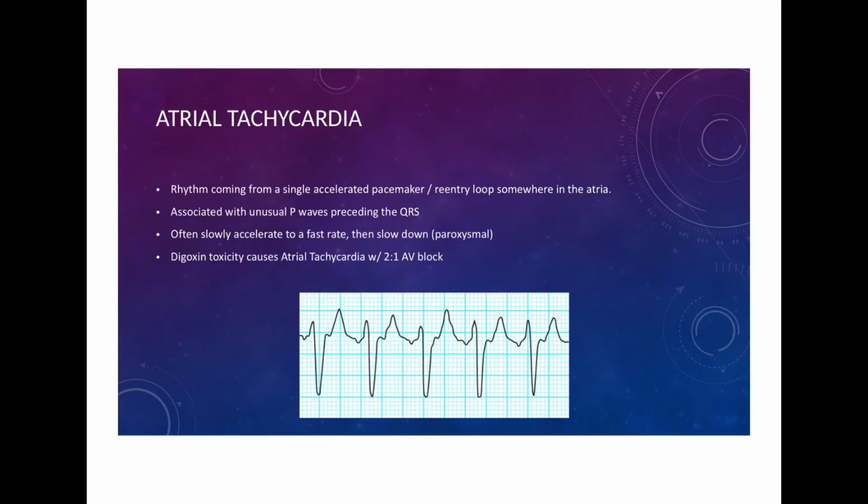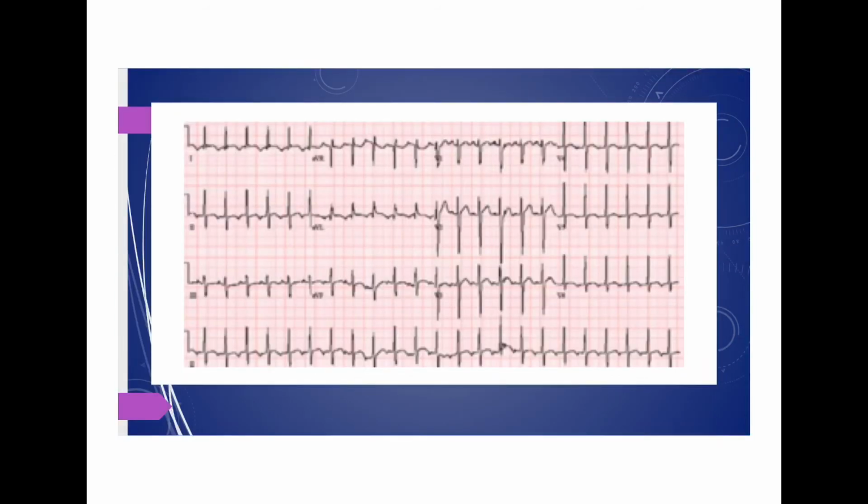So in this case, you see P waves before every QRS, but they're inverted, which isn't typical for a sinus rhythm, especially if this is lead 2 that we're talking about. Again, here's an example of what that looks like. Here again, if you look in lead 2, you see inverted P waves, which is not typical for a sinus rhythm.